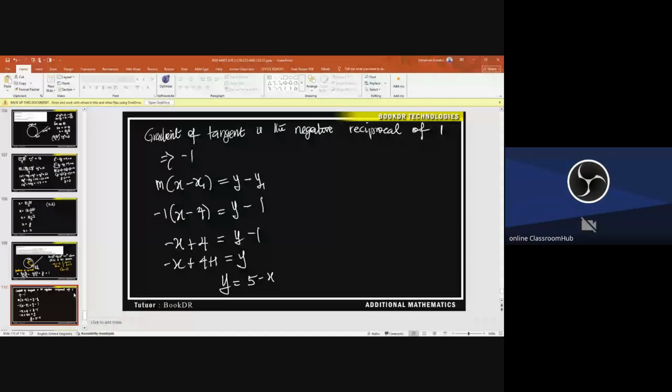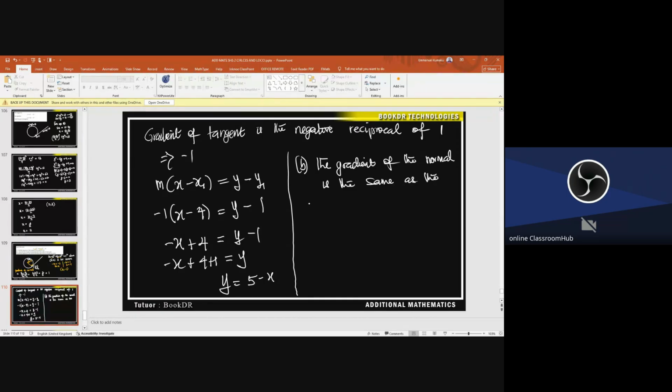But then, so that's the B. The gradient of the normal is the same as the gradient of the radius.